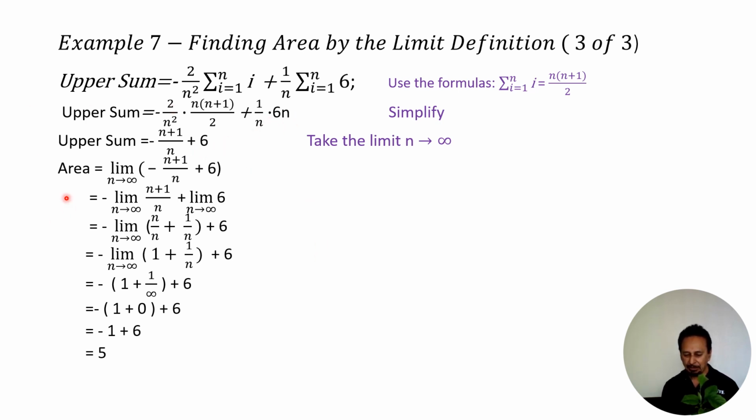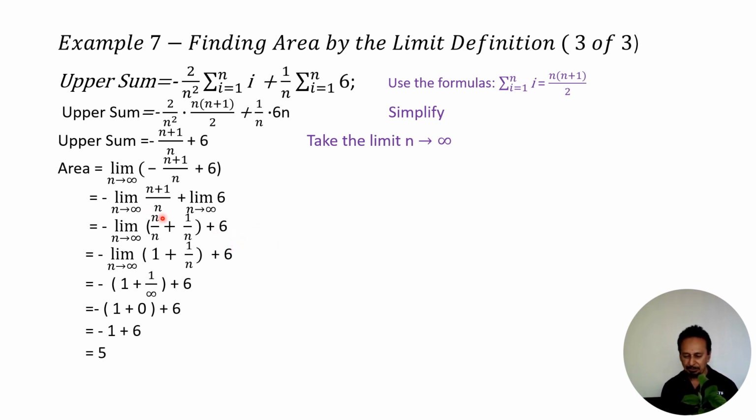Now the area will be, we take the limit, because that's the formula: the limit as n approaches infinity of minus n plus 1 over n plus 6. Now if there are two functions, we can break it down into the sum of two limits. So we have the limit as n goes to infinity of minus n plus 1 over n, plus the limit of 6 as n goes to infinity. Well, the limit of 6 is 6 because it's a constant.